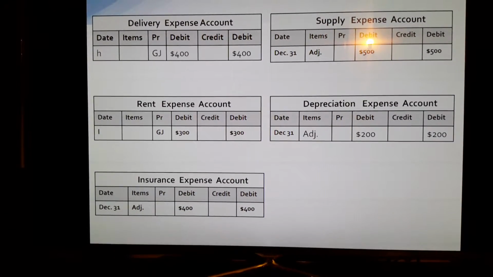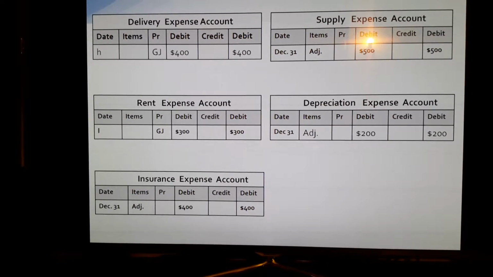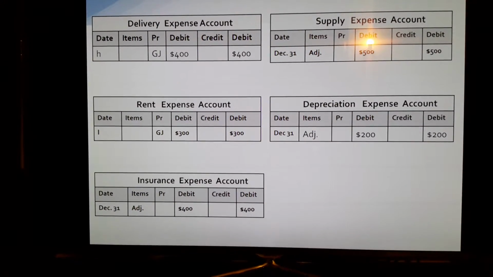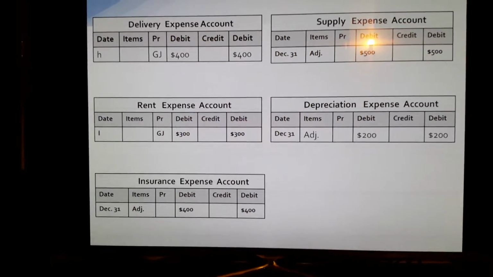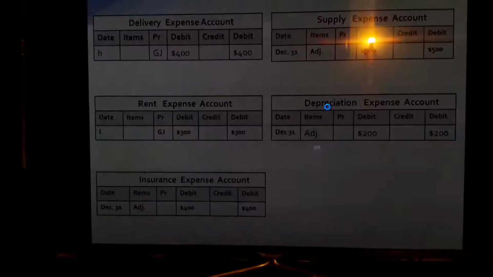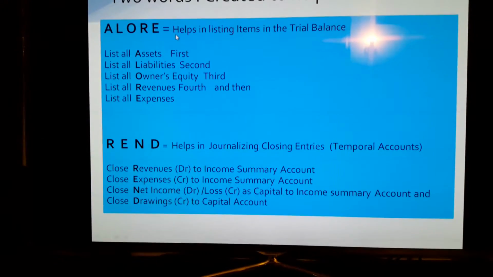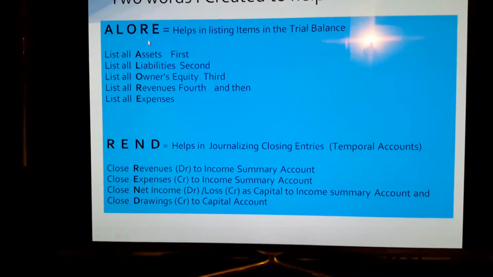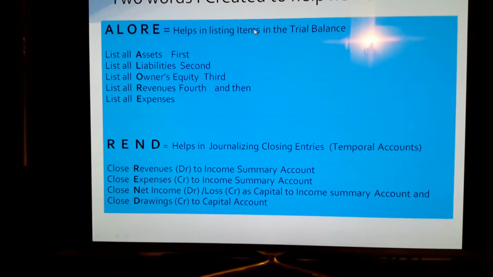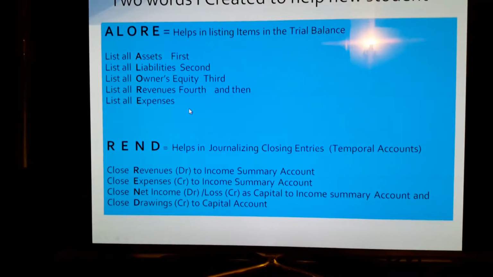The cost that is reduced in value is allocated to this account that is called depreciation. Okay, so I just made two new words that you have to remember when you are dealing with this kind of accounting, especially going to the next steps.